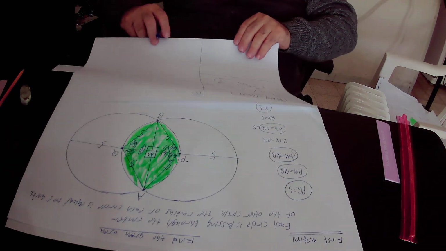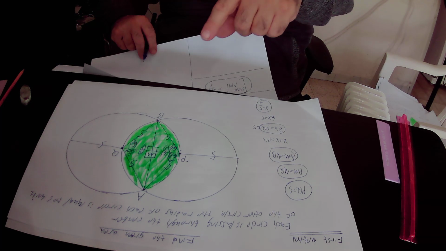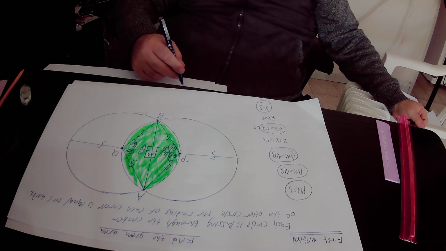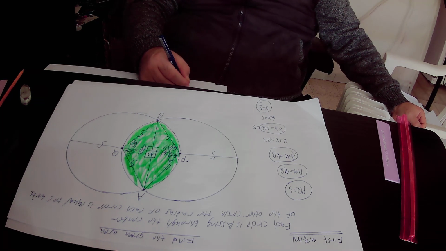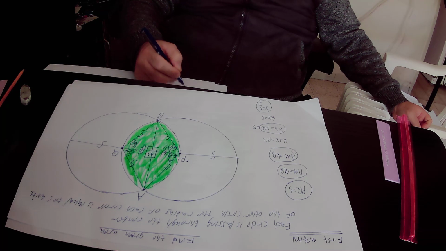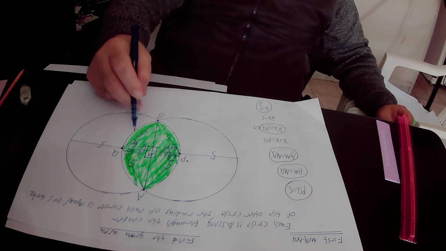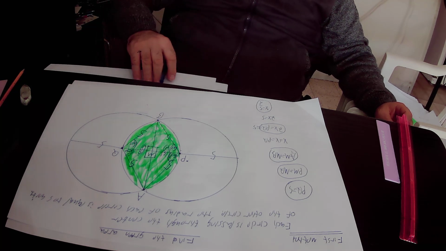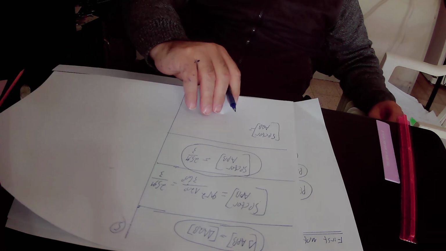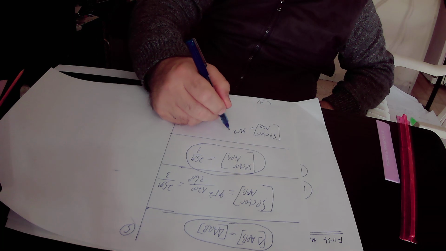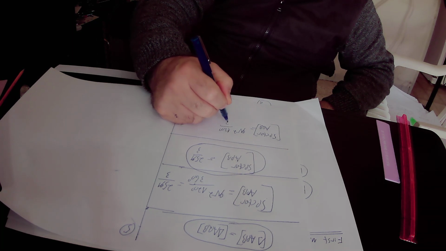And what is the area of sector AQB? The area of sector AQB equals pi r square times 120 degrees over 360 degrees.